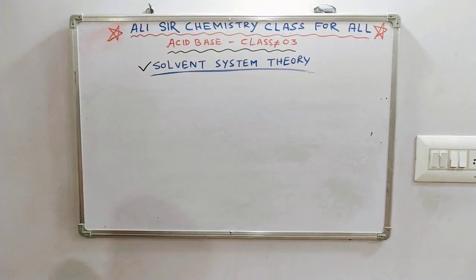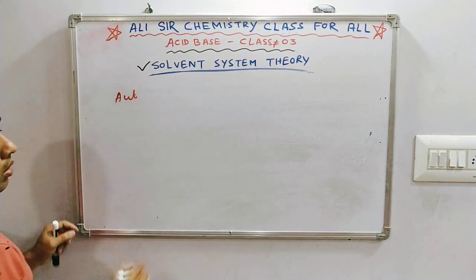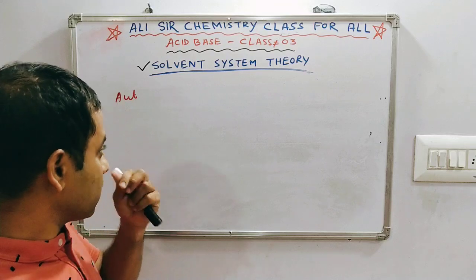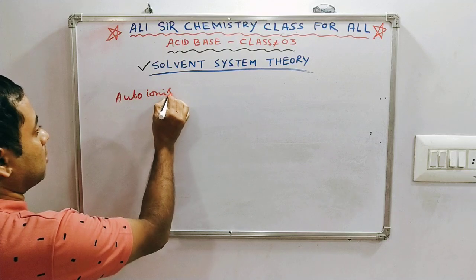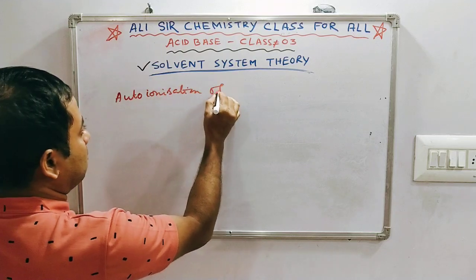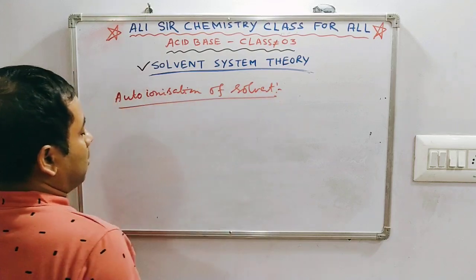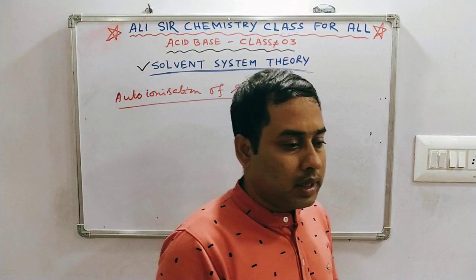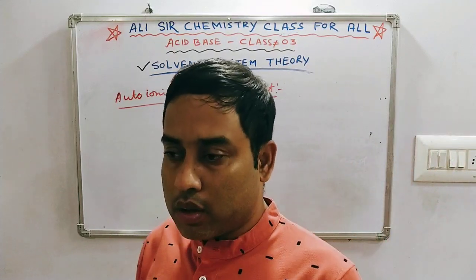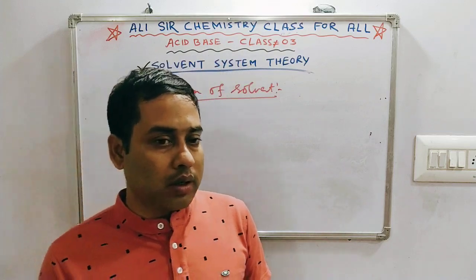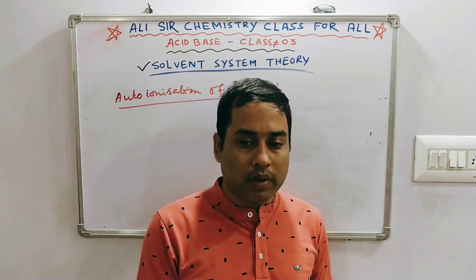All of you know auto-ionization doesn't depend on various factors, so the solvent will auto-ionize. Say for example, you can take any solvent, it may be protic or aprotic. Two molecules combine with each other, one decomposes to a cation and another forms an anion.